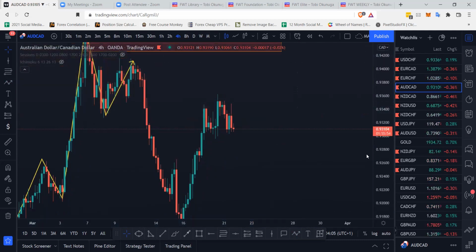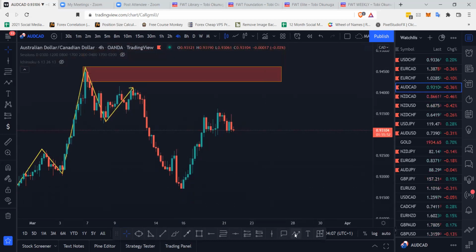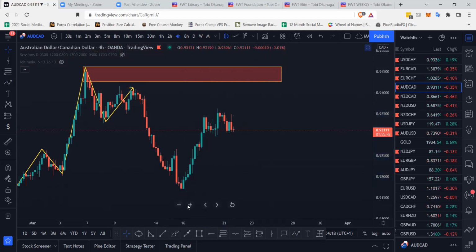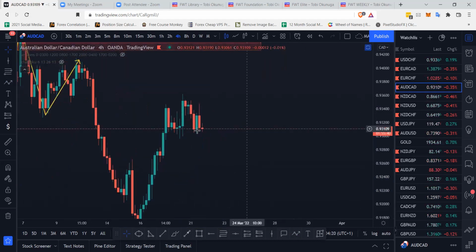We are even seeing this on the 4 hours: impulse, correction, impulse, and the price is back to demand, right? Drop, rally, drop, rally.